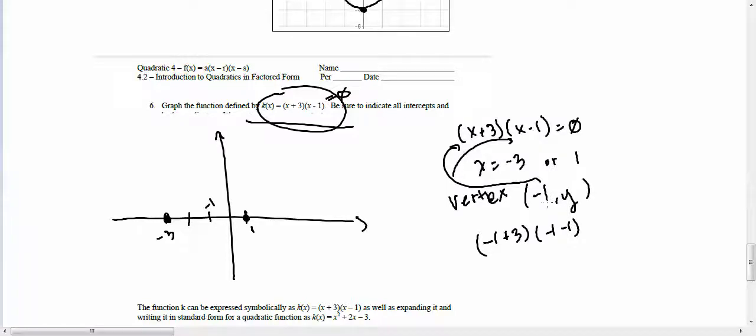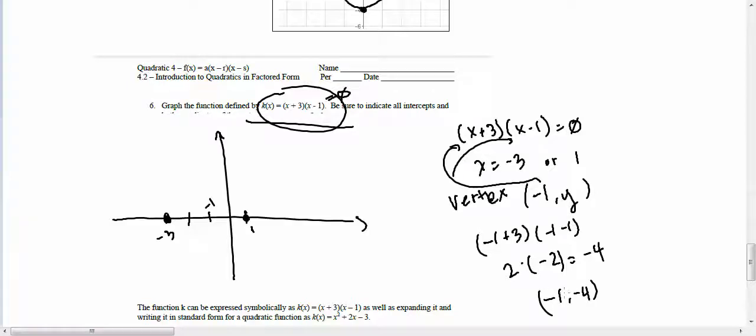Okay, so negative 1 plus 3, that's 2. Negative 1 minus 1 is negative 2. 2 times negative 2 is negative 4. So your vertex is located at negative 1 comma negative 4.